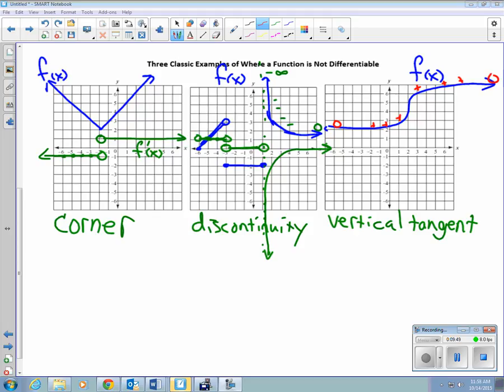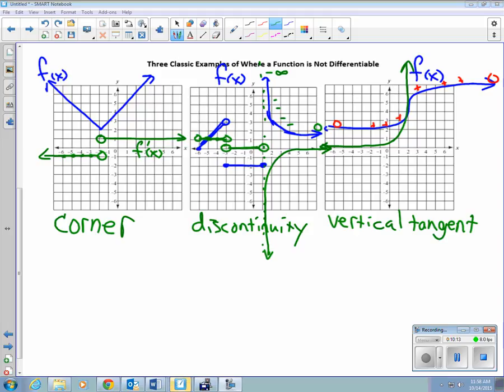So as I draw the graph of this derivative, I will be close to 0, but I will be on the positive side. When I actually get close to 2, what is the slope approaching? Yeah, positive infinity, right? So this slope is going to explode vertical.